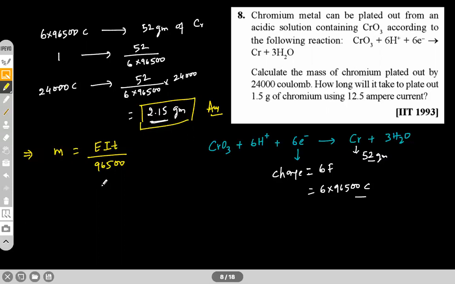So T is equal to 96500, just cross multiply this, into mass 1.5 divided by E into current 12.5 ampere.